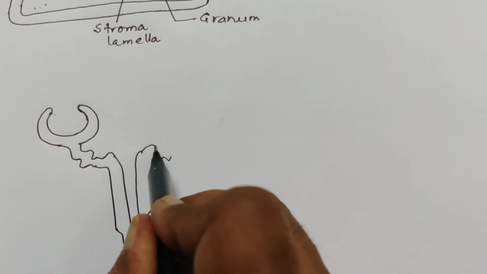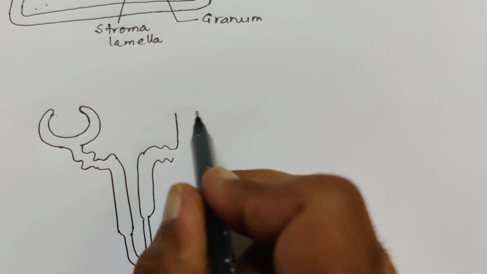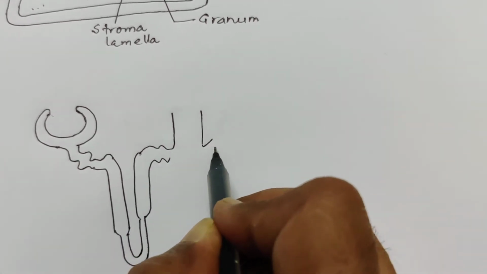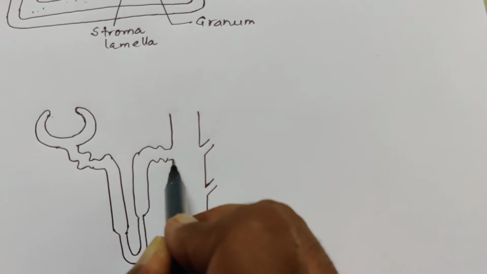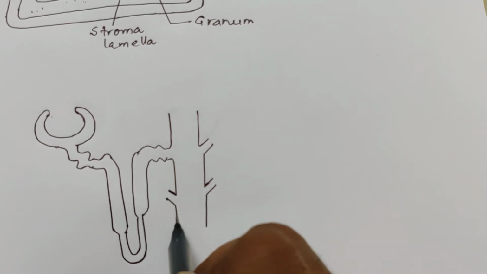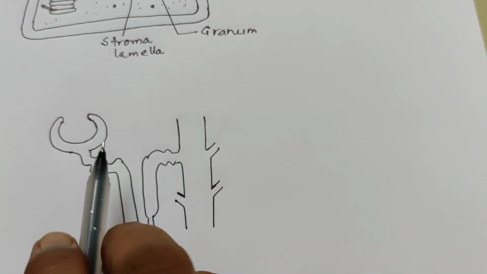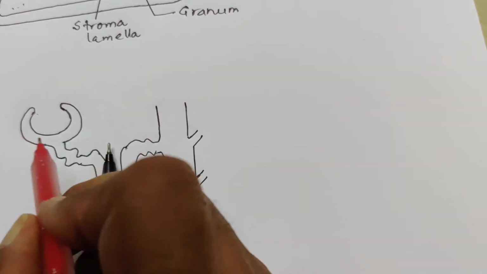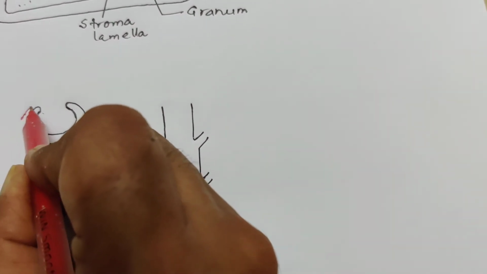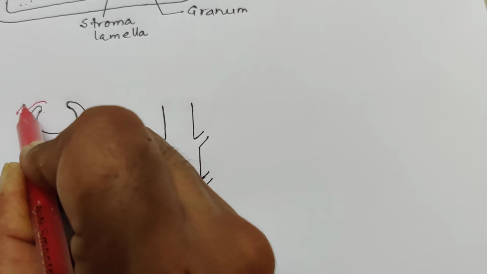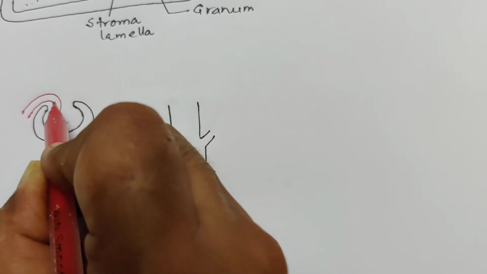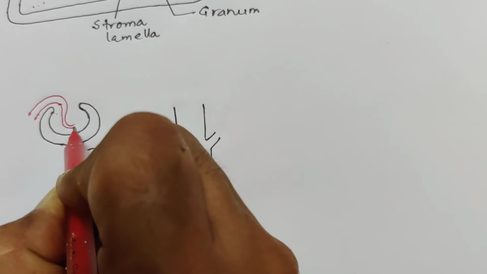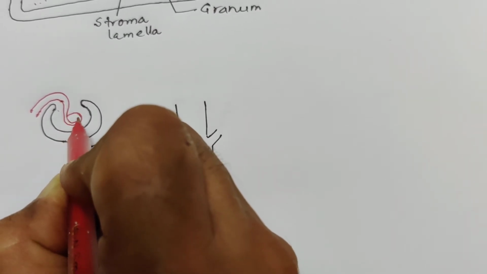This is distal convoluted tubule. This is the collecting duct. Now this part, this is the afferent arteriole, which is thicker one. Now this is the capillary network.